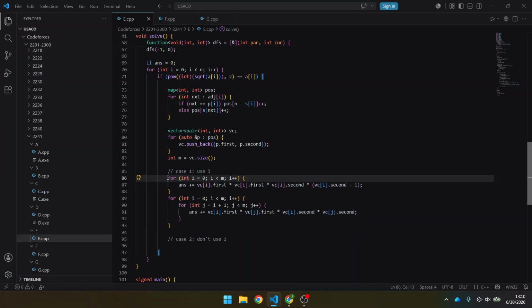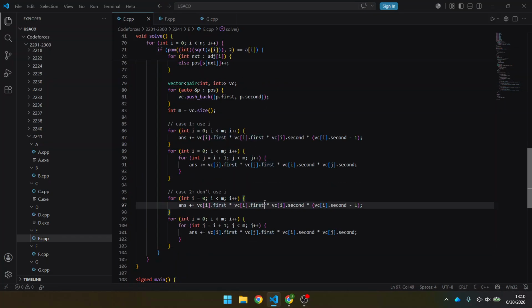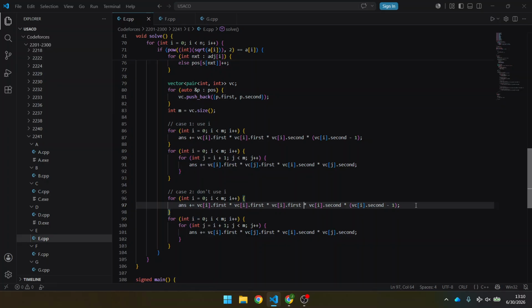And don't use i, it would be almost the same thing. vc i dot first times vc i dot second minus 1.